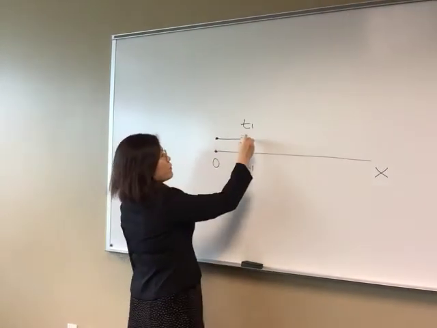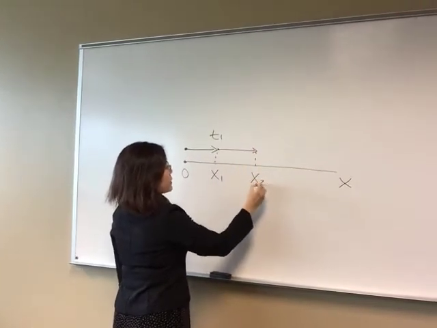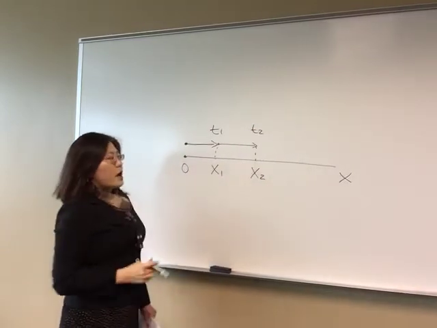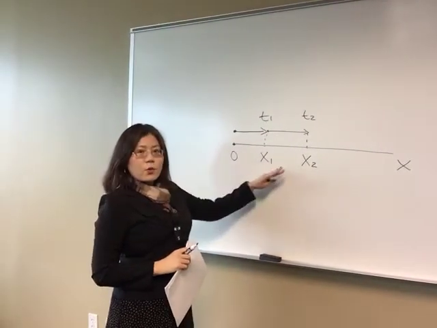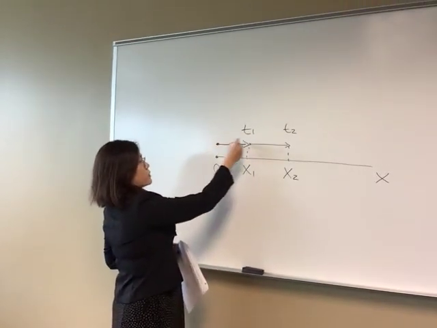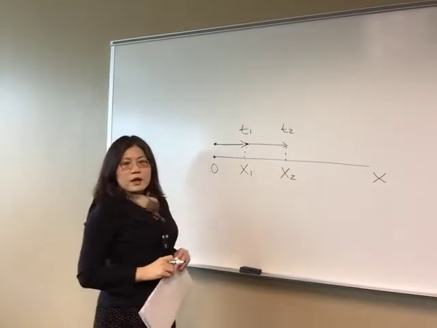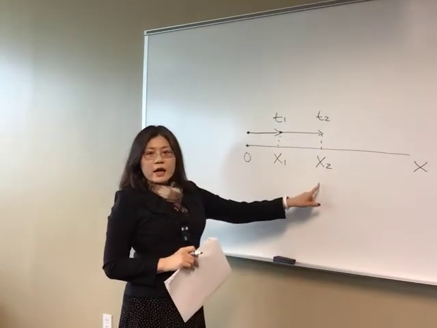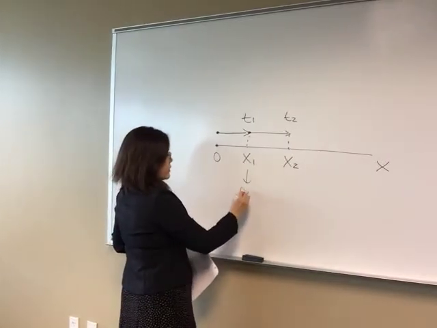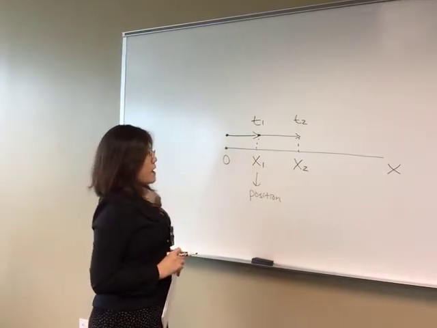Then it moves from this point to another position, x2, at time t2. So on the x coordinate, the object goes from 0 to a stop at x1 and then starts from that point. These x1 and x2 we call positions, so you know where the object is at a certain time.